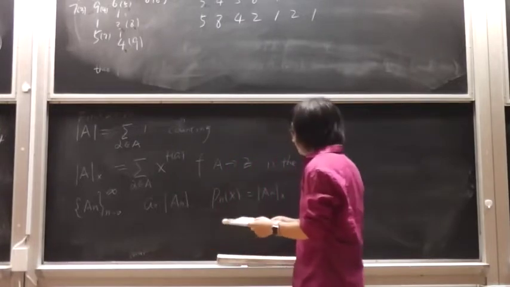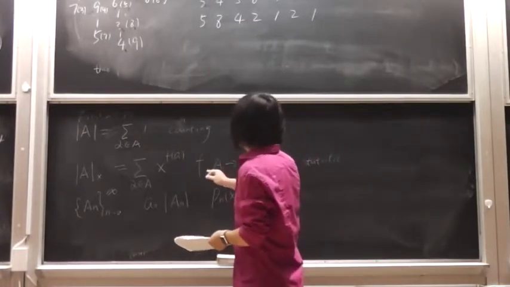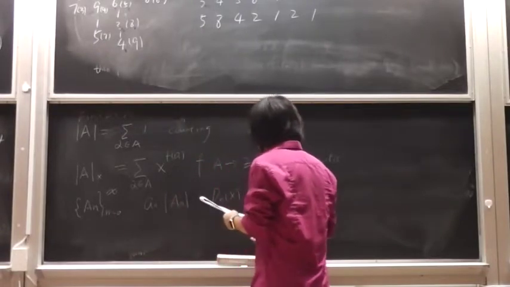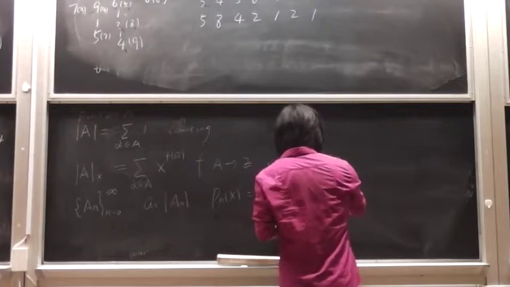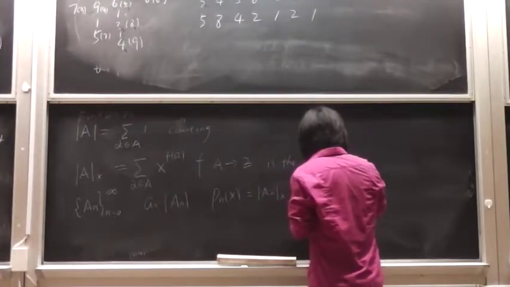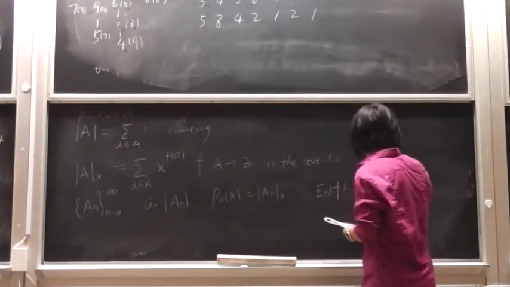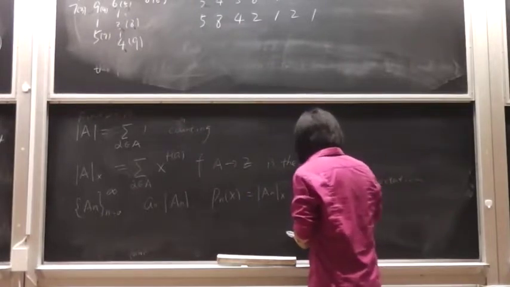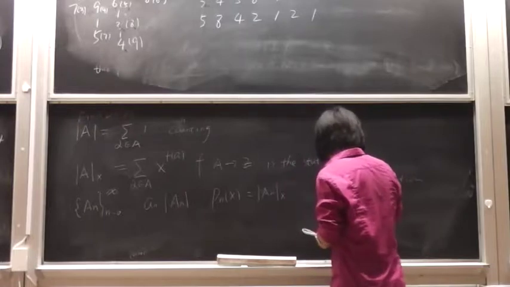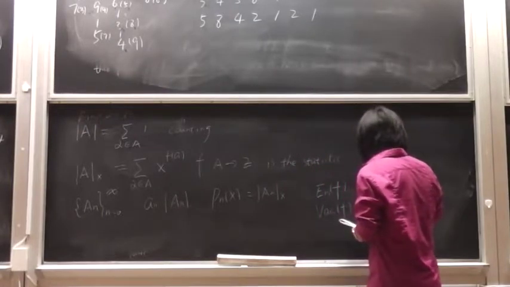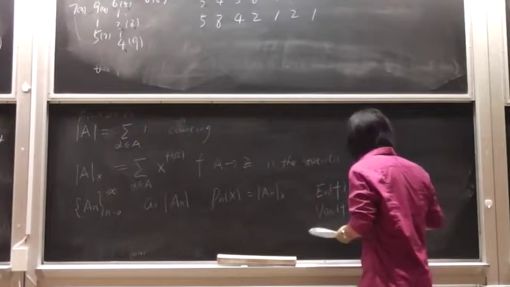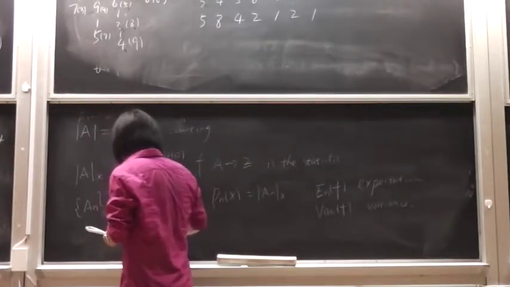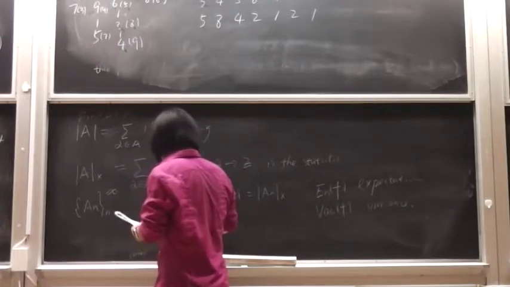And sometimes the statistic F defined on the sequence of sets has some limiting distribution. So if we let E_n of F be its expectation, and Var_n of F be its variance, then we can also think about this random variable. It's a skewed random variable.